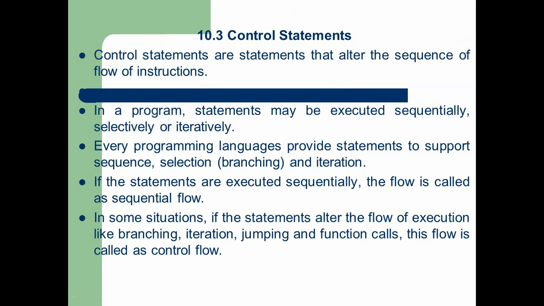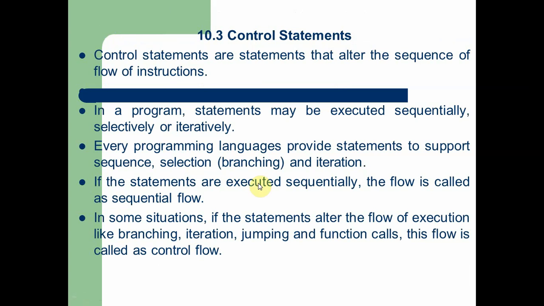Now we are going to see the control statement. Of course we know control statements, which do selecting or iterating, are called control statements or jump statements. We execute some statements, and some of the statements are skipped depending upon some condition.